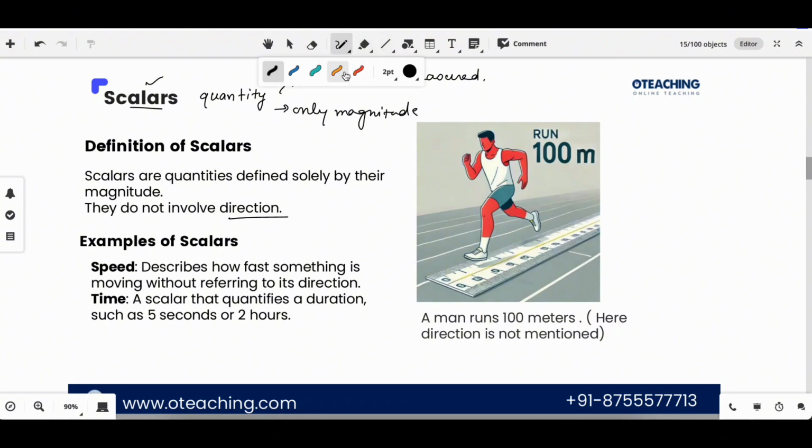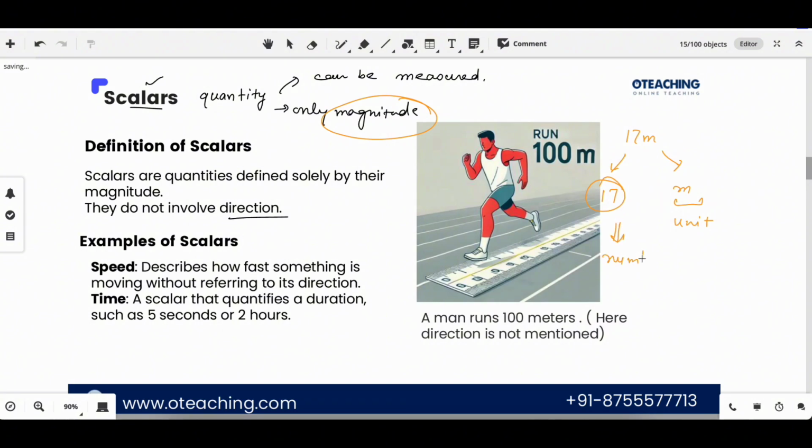Now the question comes up: what do I mean by magnitude? If I say 17 meters, there are two things, 17 and meter. We know that meter is a unit and 17 is a number. So what could be called a magnitude? Shall I call 17 the magnitude, meter the magnitude, or 17 meter as a whole the magnitude?